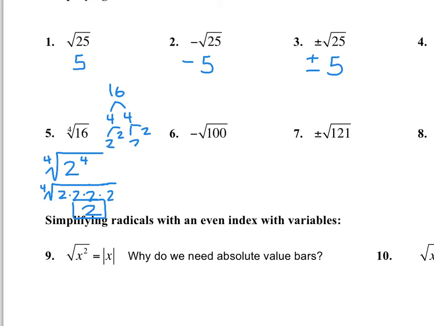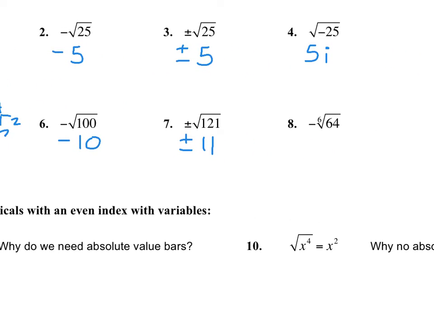Okay, the square root of 100 is 10, and there's already a negative out front. The square root of 121 is 11, and we join that with the plus or minus. Alright, so if you break down 64, you get 8 and 8. 2 and 2 are prime. We can break 4 into 2 and 2 also.